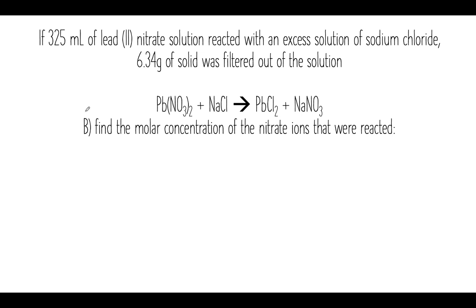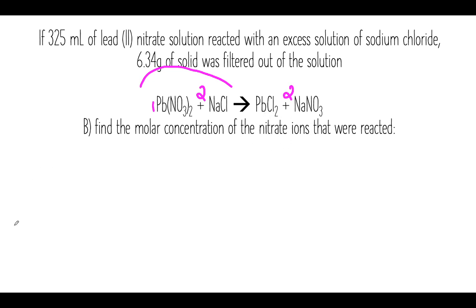In part B, I am asked to find the molar concentration of the nitrate ions that were reacted. So let's take a look at the reaction side. On the reaction side, I had nitrate coming from the Pb(NO3)2. I just found the concentration of Pb(NO3)2 in the previous part of this question, and I can use that concentration to find the concentration of the nitrate ions.